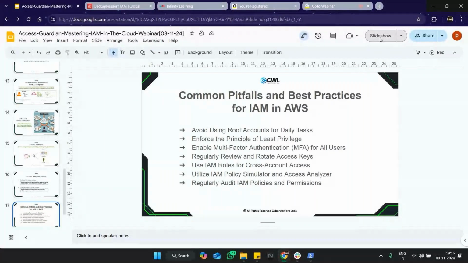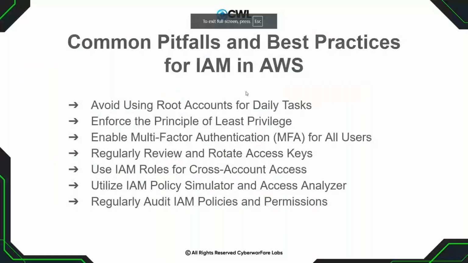Then use IAM roles for cross-account access, which we have seen how to set up, along with role assumption. Use the IAM policy simulator and Access Analyzer tools to test permissions before assigning them and to monitor for overly permissive policies.